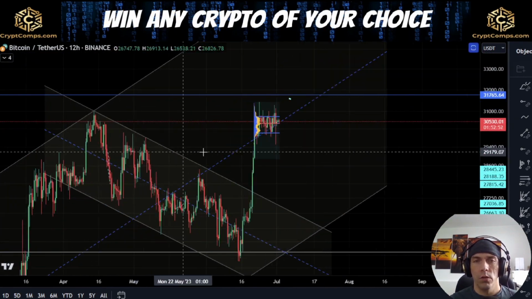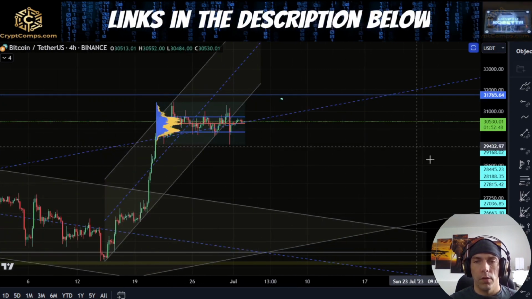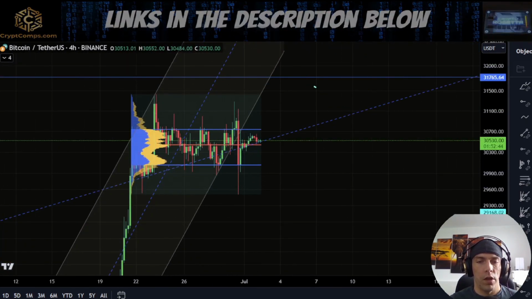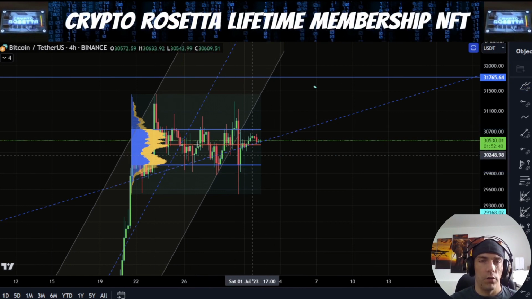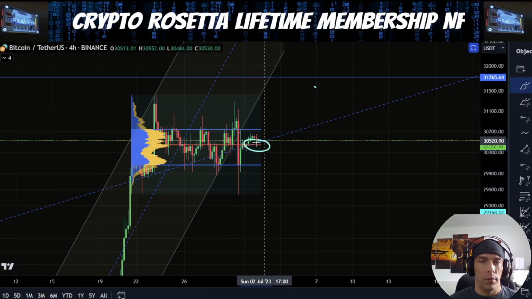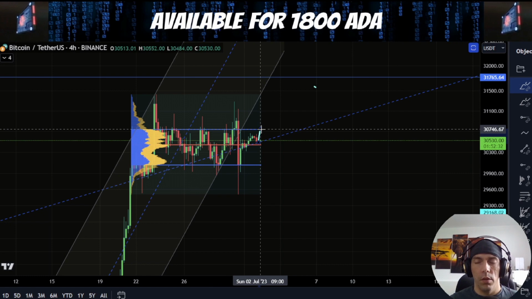Okay, so now I also want to talk about the fact that if we come back on this, what we can see is we are actually just playing around in this little range up here. You can see that these value area lows and value area highs are being quite well respected. We are currently sitting back above this point of control. So if we do see a push back to the upside, I'm going to be keeping an eye on this 30,746.